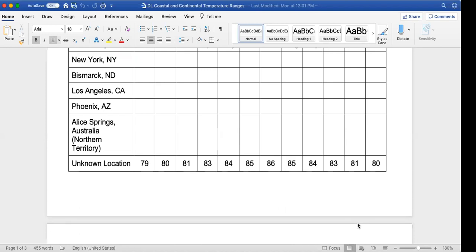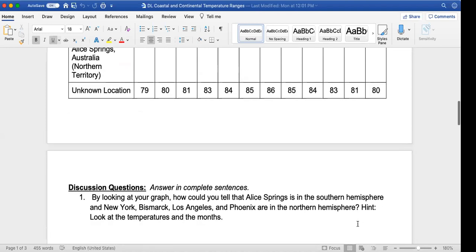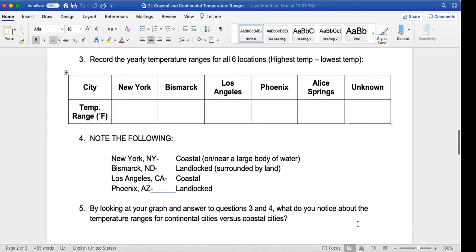So the temperature range for the unknown location would be 7 degrees Fahrenheit, right? So you just take the warmest temperature out of the 12 months and you subtract the coldest temperature out of the 12 months, and that gives you the range. Okay. So that's what you do for number 3. So you'll have to do that on your own.